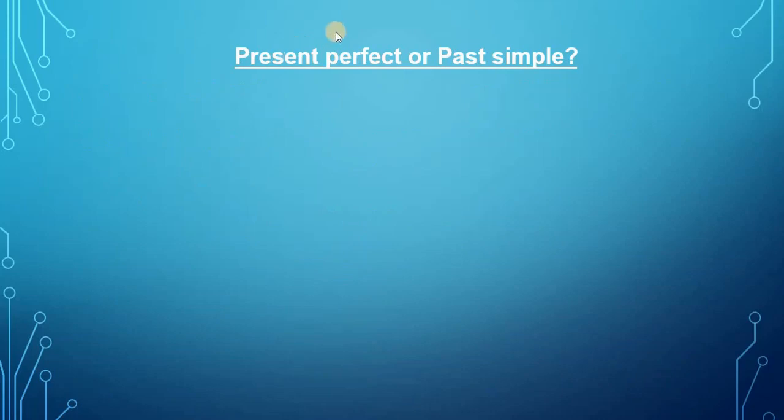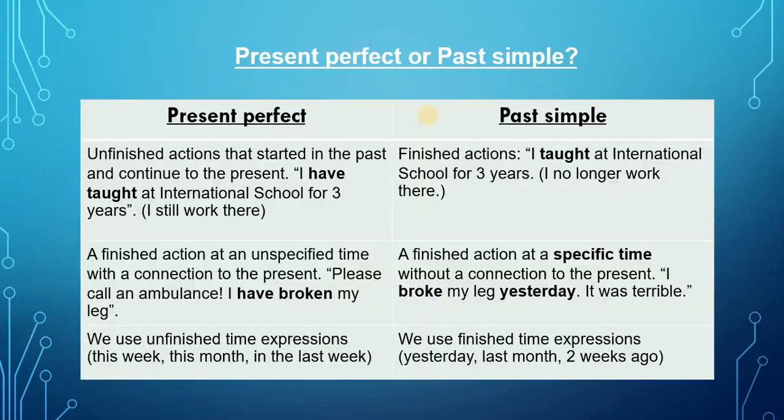Present perfect or past simple. There are 3 main differences. Present perfect: it is an unfinished action that started in the past and continues to the present. I have taught at an international school for 3 years.